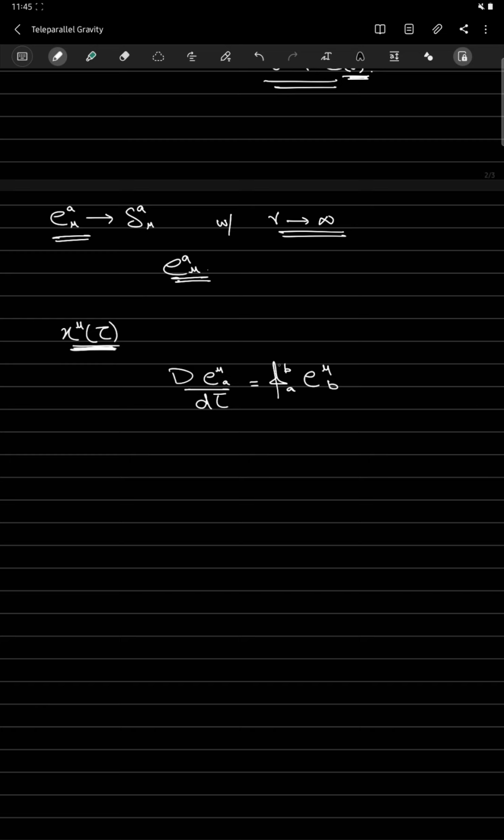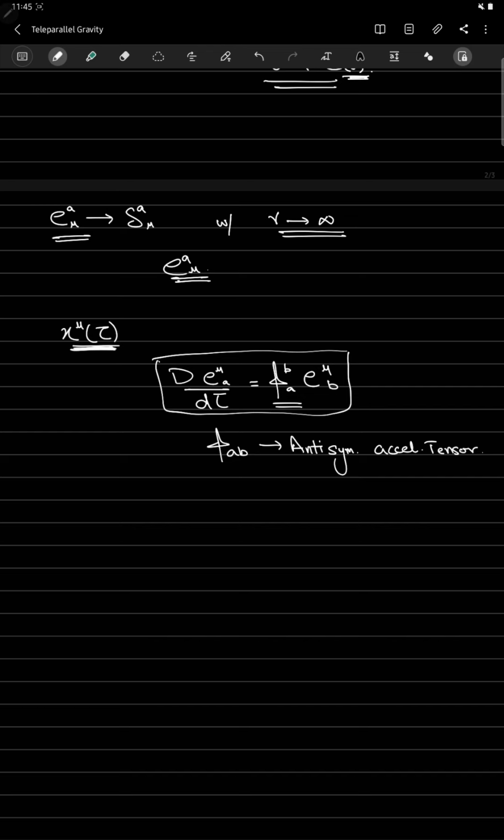Now here this phi ab is identified as the anti-symmetric acceleration tensor, right? So it is an anti-symmetric acceleration tensor. Okay, nice. Now, following from this equation, let me just put it in a box.